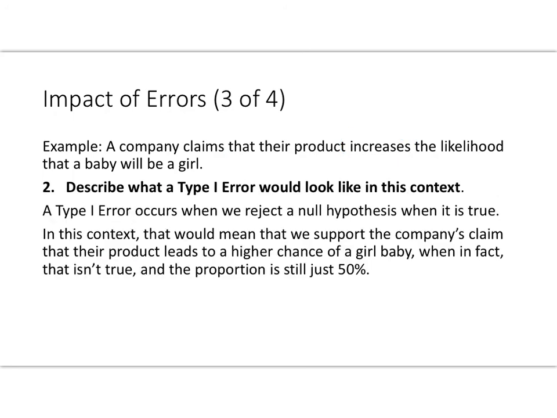So what a type 1 error would look like in this context. A type 1 error occurs when we reject a null hypothesis when it is true. So in this context, that would mean that we support the company's claim that their product leads to higher chance of a baby girl, when in fact that isn't true, and the proportion is still just at 50%.